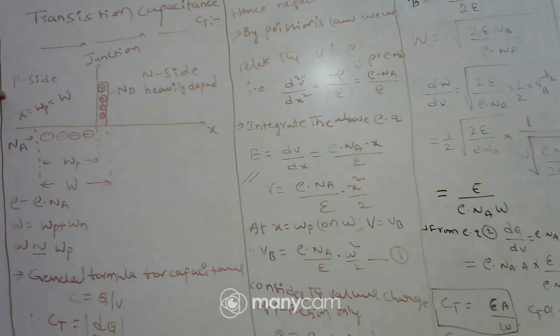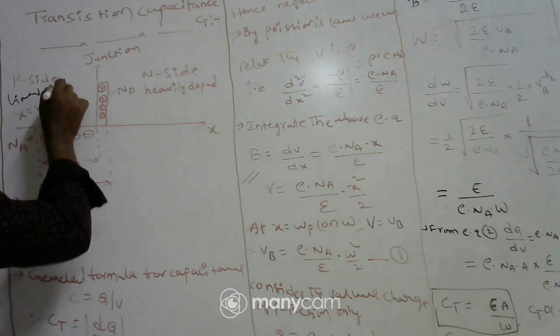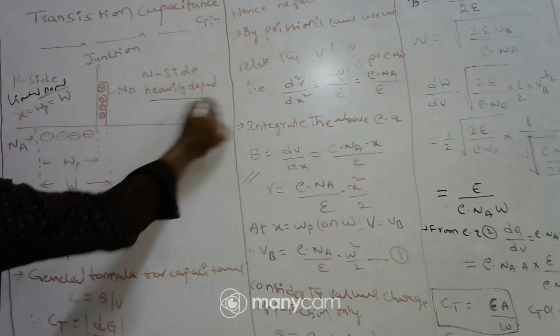And the p side is a lightly doped region. Assume here the p side is lightly doped and the n side is heavily doped.